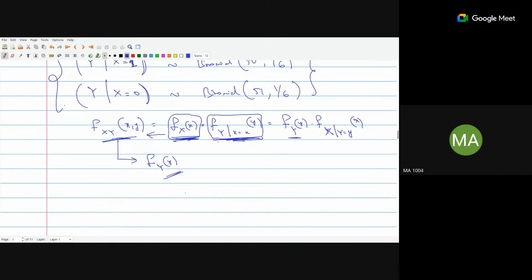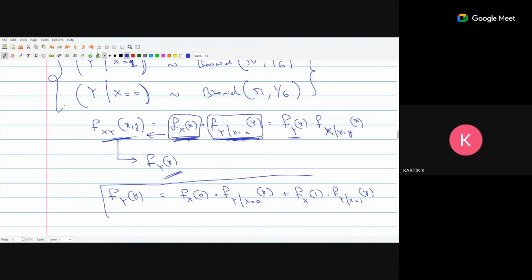So I can use fx of 0 times fy given x equals 0 of y, plus fx of 1 times fy given x equals 1 of y. Okay, so what is the question asking for? Sorry, I missed it: Fy of y.